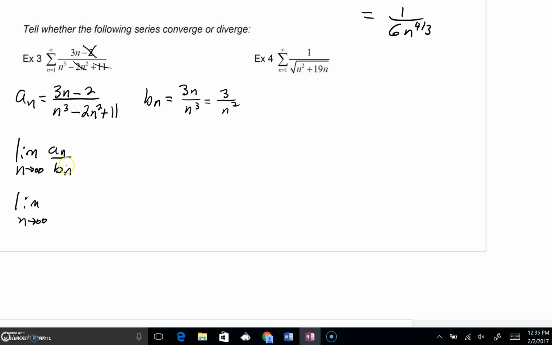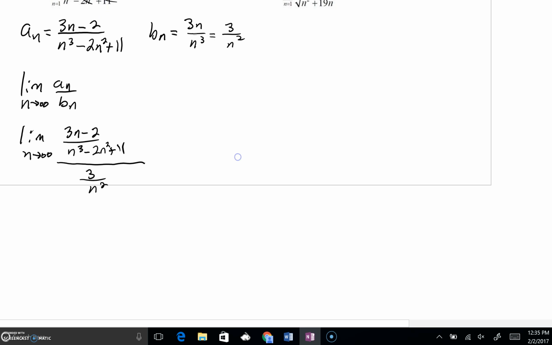Take your numerator of 3n minus 2 all over that n to the 3rd minus 2n squared plus 11. We're going to divide all that by 3 all over n squared. And this is definitely the case where dividing by a fraction is the same thing as multiplying by its reciprocal.